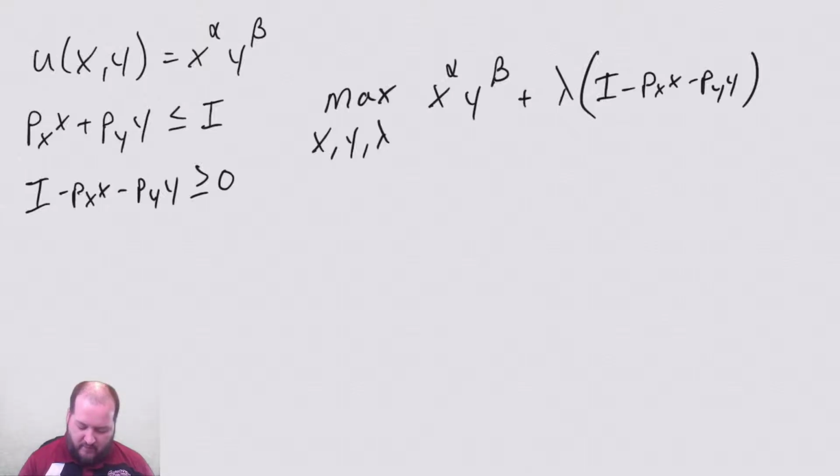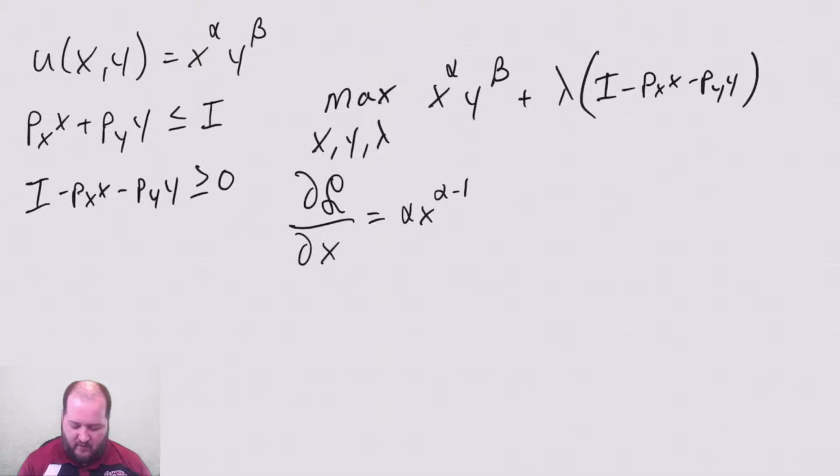So first let's do X. So the derivative of my Lagrangian, that's what that little funny L is right there, with respect to X. It's going to be, and we're going to use our power rule, alpha X to the alpha minus 1, Y to the beta, and then minus lambda times PX, and we'll set it equal to 0. And again, I'm just distributing the lambda through those parentheses. That's where I'm getting that variable right there. Then I'll do it again.